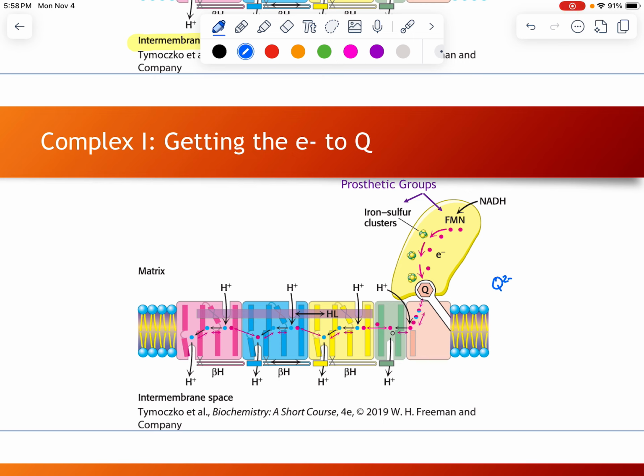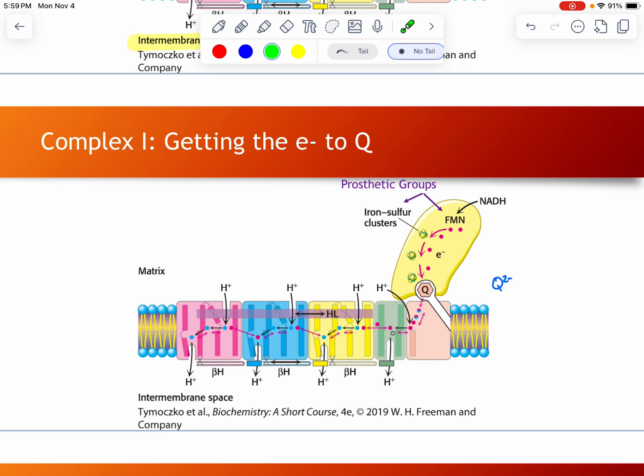So when this becomes negatively charged, it repels other negatively charged side chains in this complex. And because of that, it causes a conformational change. It causes movement. So we see a conformational change that happens due to this negative charge.